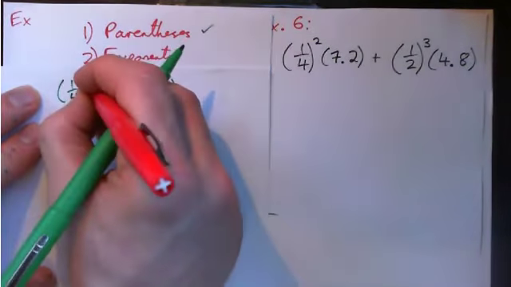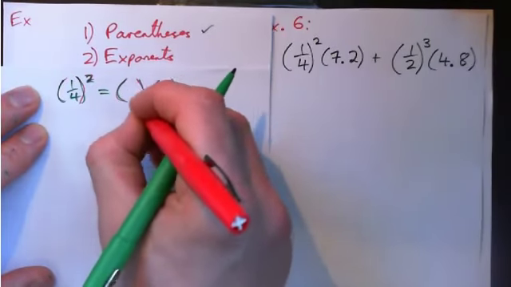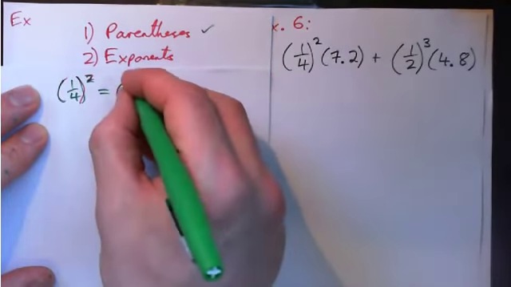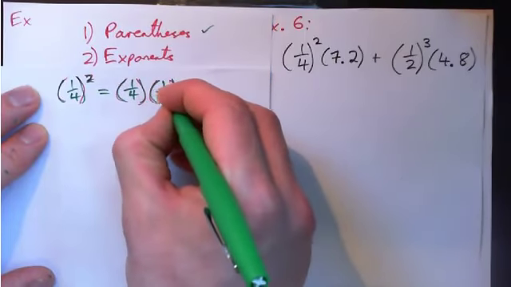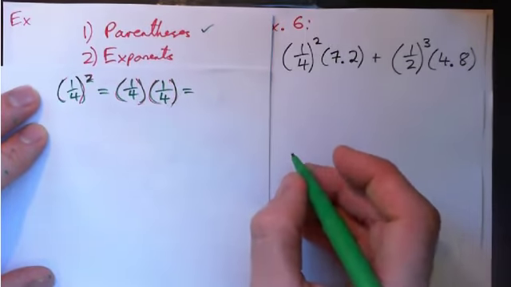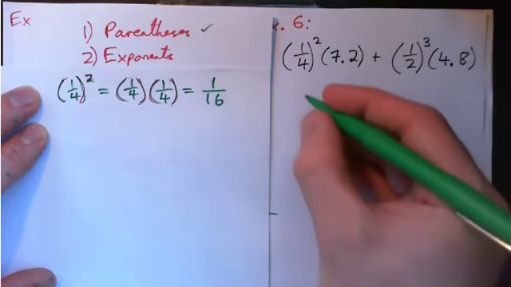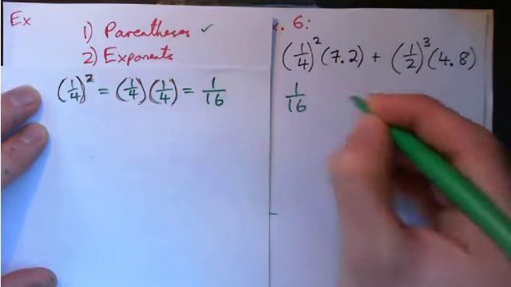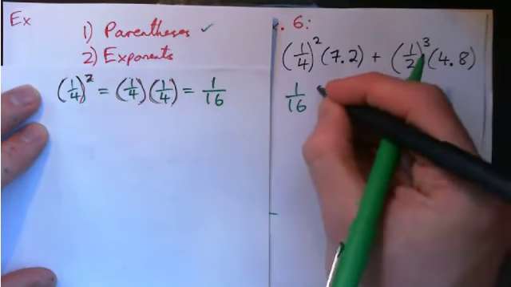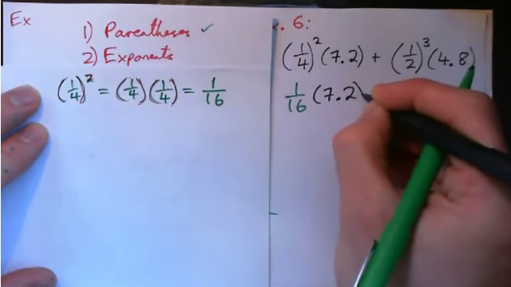If the squared is touching the parenthesis, it means parenthesis times parenthesis. So it's 1/4 multiplied by 1/4, which gives 1 times 1 is 1, 4 times 4 is 16. So this becomes 1/16. Then we have times 7.2.